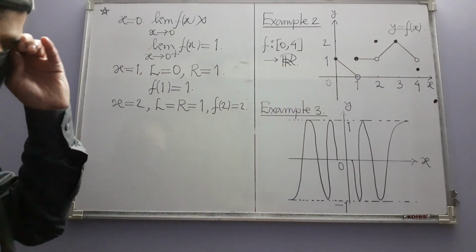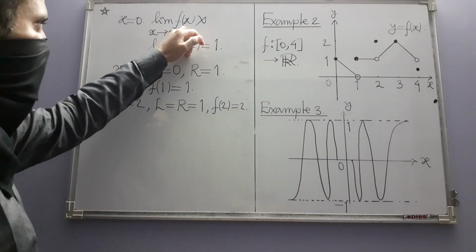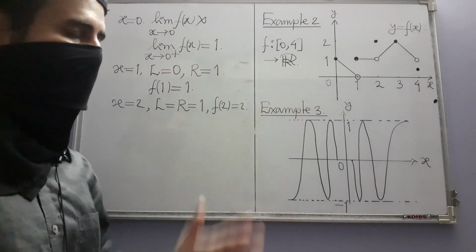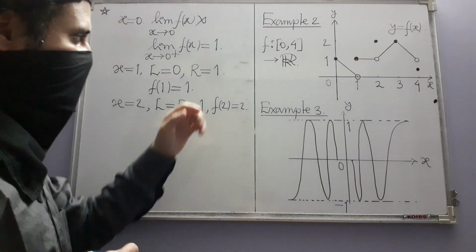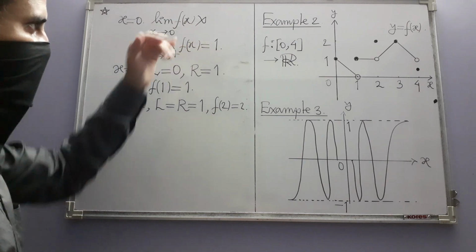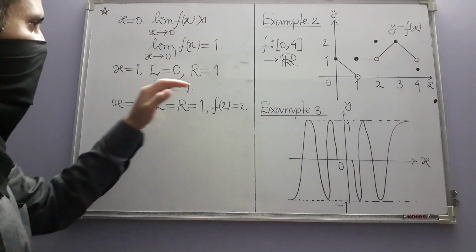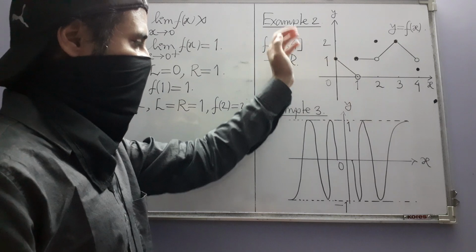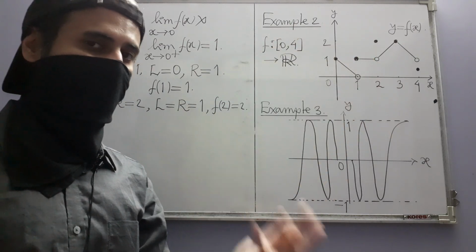So here at 0, one of the one-sided limits, namely the left hand one, does not exist, and as a result the ordinary limit also does not exist. At 1, both the one-sided limits exist, but they are different.